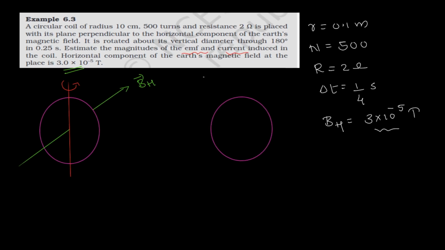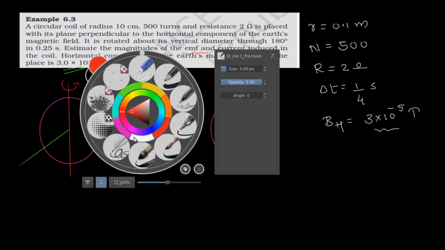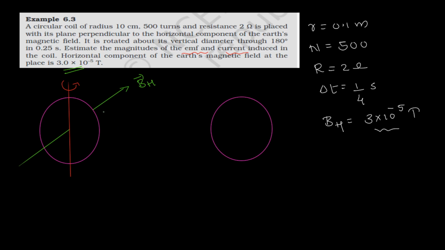First thing you should be asking yourself, is the flux changing? Actually, I think the flux will in fact change, because right now, guys, pay attention, right now the area vector is like that. So what's the angle between the magnetic field and area? 0 degree, right?